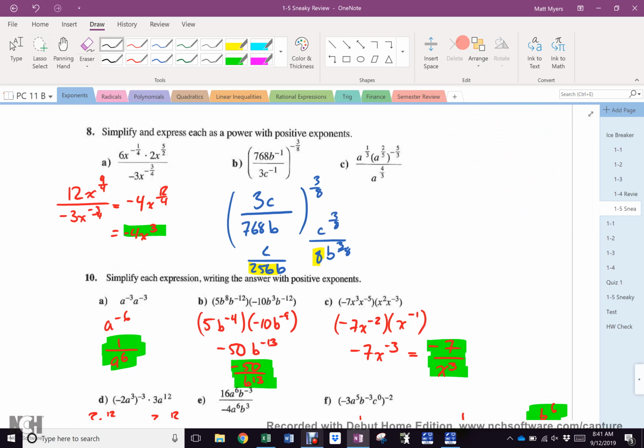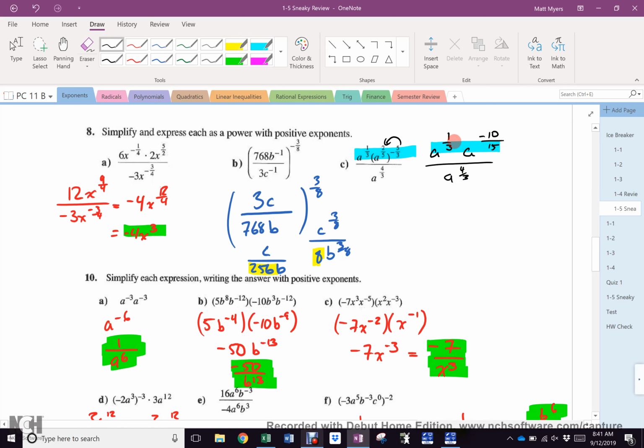So I would tidy up there first. And of course, the first tidying you have to do is right here. So you got a to the 1/3 and a to the negative 10/15 over a to the 4/3, yes? Then I would tidy that.